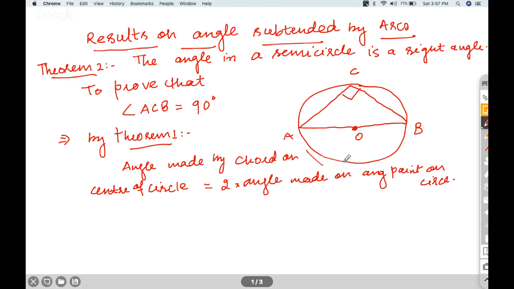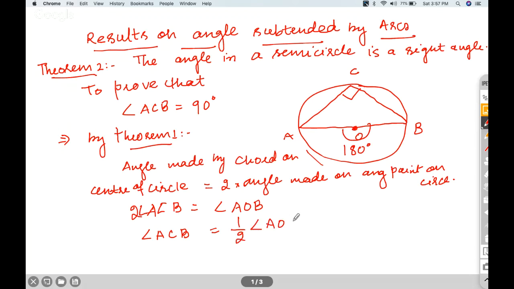So this particular arc AB is making a 180-degree angle here. And if it is making a 180-degree angle here, then 2 times angle ACB would be equal to angle AOB. So angle ACB would be equal to half of angle AOB.